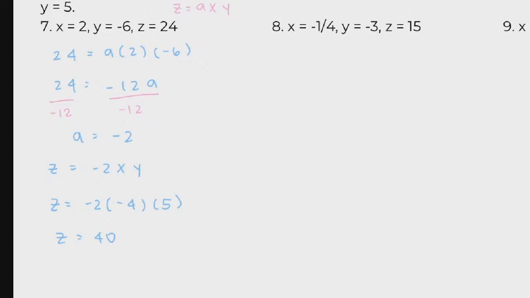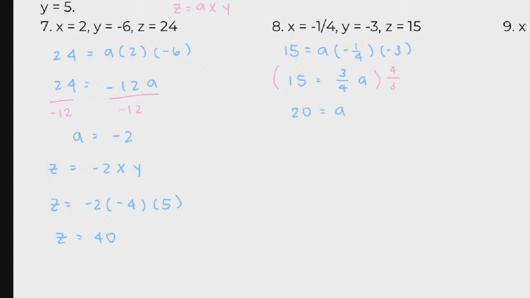Number 8, we have x equals negative 1/4, y equals negative 3, and z equals 15. So we're going to plug in to the equation. So we get 15 equals 3/4 times a. And to get rid of the 3/4, we can multiply by 4/3 on both sides. So 15 divided by 3 is 5, and 5 times 4 is 20.